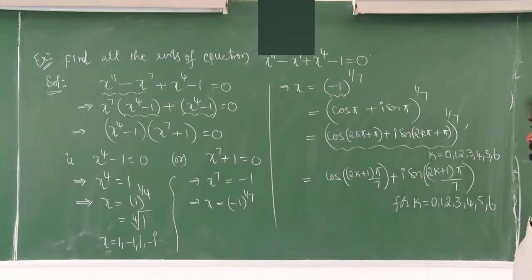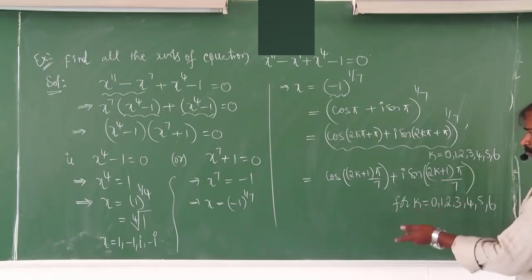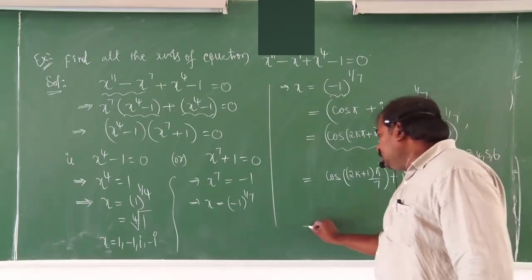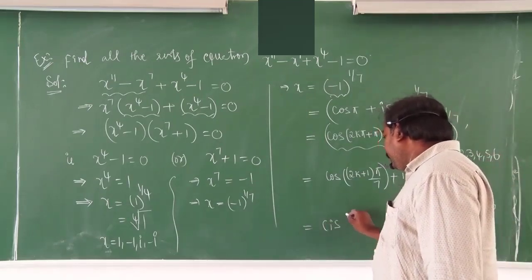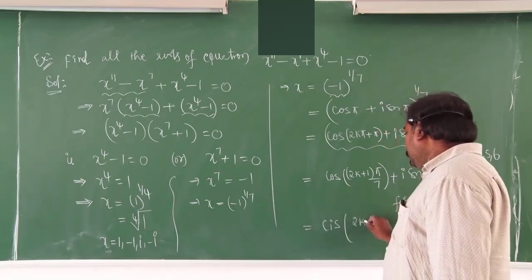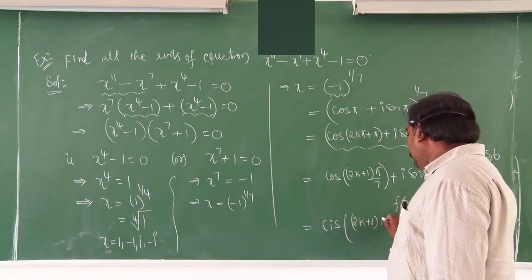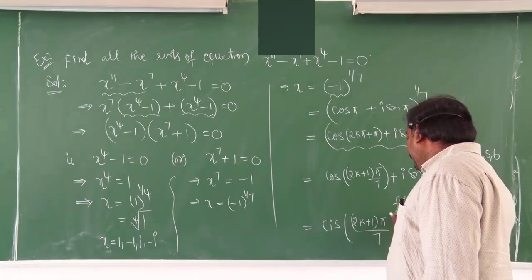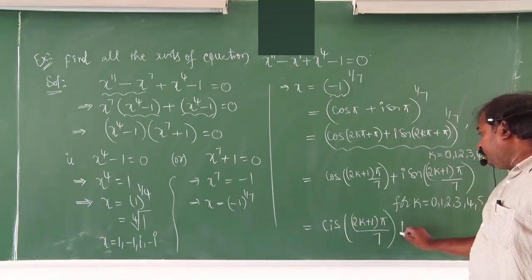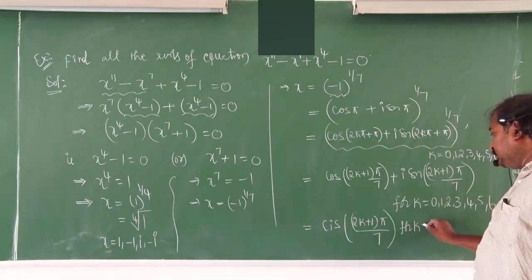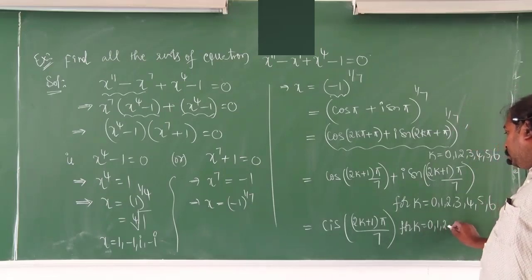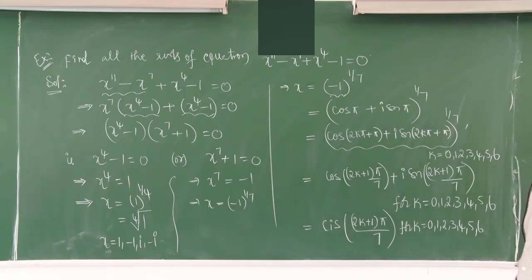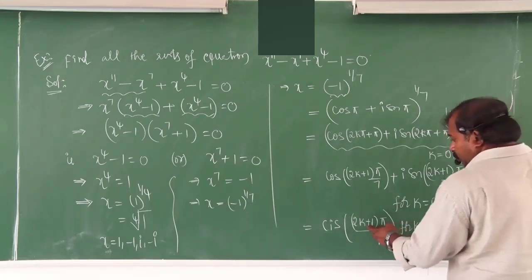Here you may keep it like this, or write cis of (2k plus 1) into pi by 7 for k equal to 0, 1, 2, 3, 4, 5, 6. If you replace k equal to 0, you get one value.